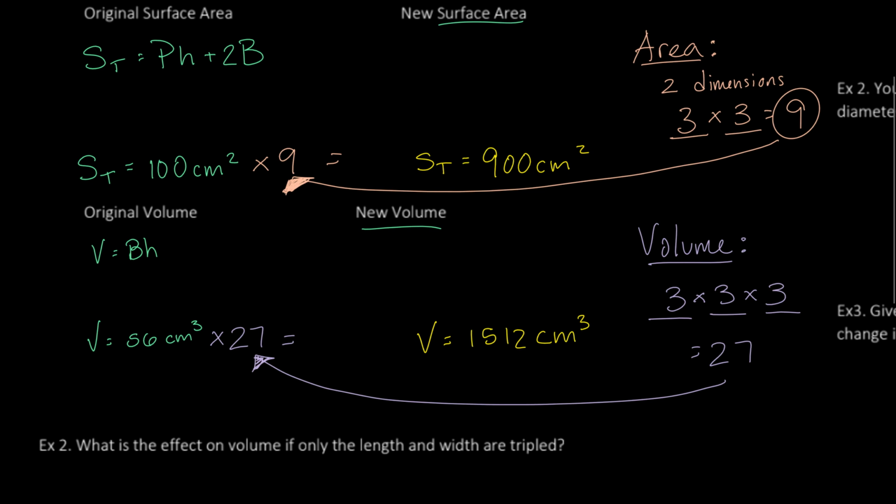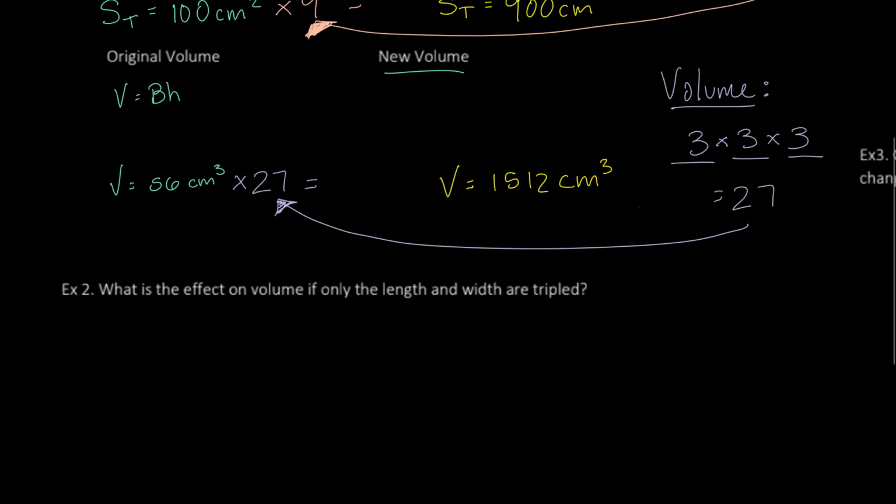So it's going to be 3 times 3 times 3, which is 27. Just 27 every single time if it's tripled. If it's doubled, what would it be? It'd be 2 times 2 times 2, which is 8. 8 times larger.